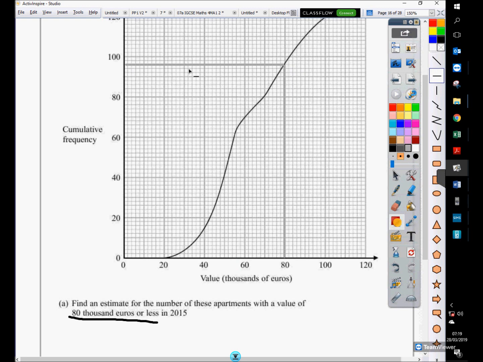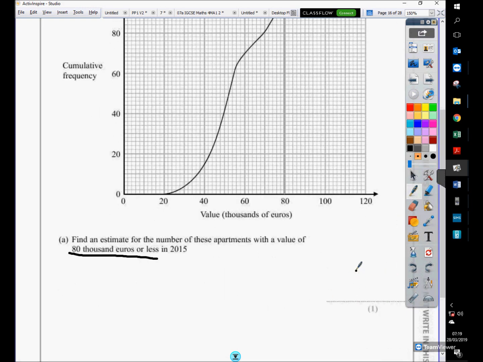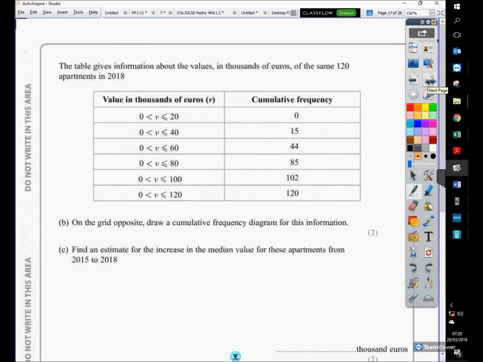Okay, now read off the value. So it's rough. Each square is going up in 2s, so we're looking for around about 96 or 97, somewhere around about there. The mark scheme allows 96 to 98. Right, now 97. Next one.